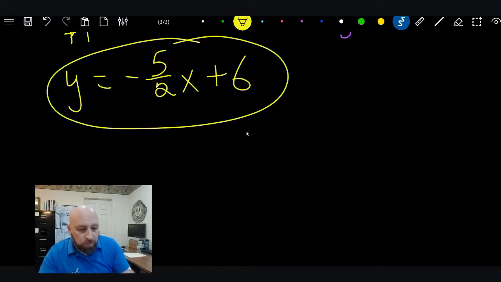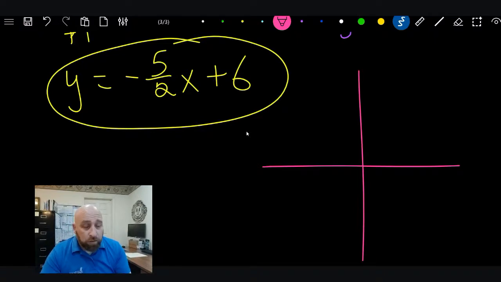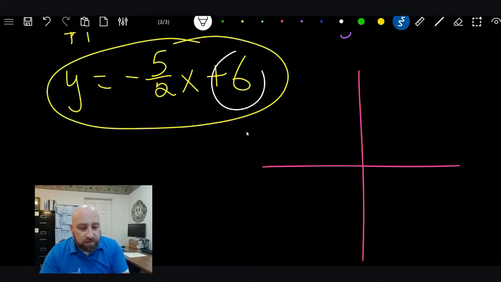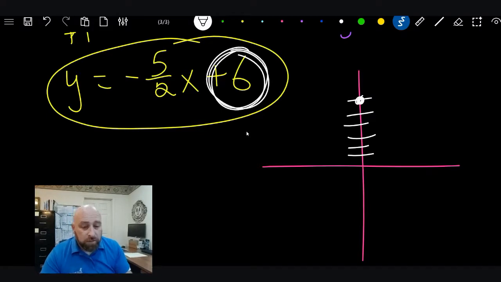Okay, so we'd come over here, and let me change the color here so you can see it a little bit better. And we would graph this thing. We would graph up to a positive 6, because this is our 6 on our y. 1, 2, 3, 4, 5, 6. So that's our b, that's our y-intercept. And then we have a negative 5 over 2.